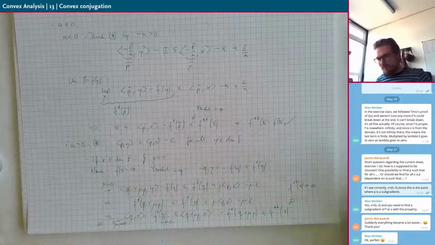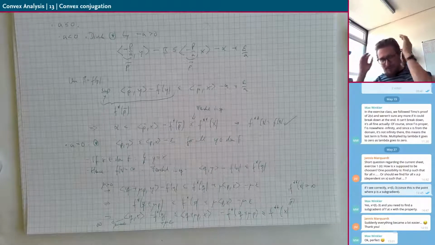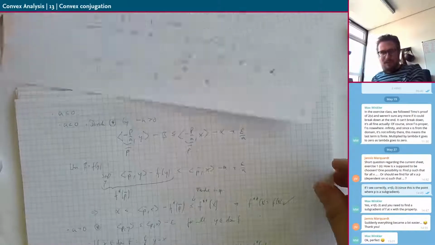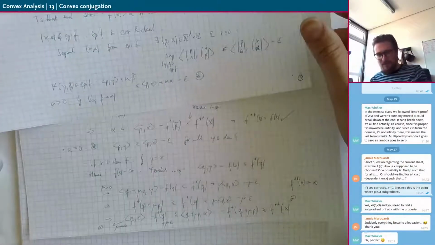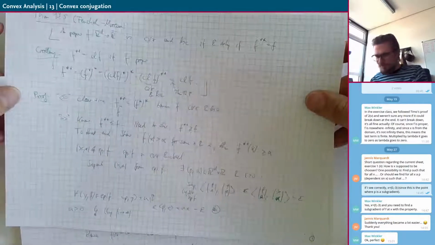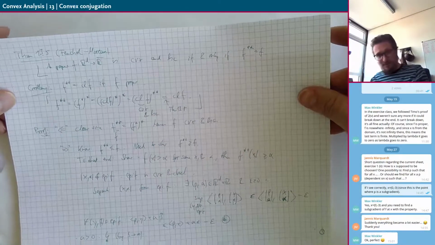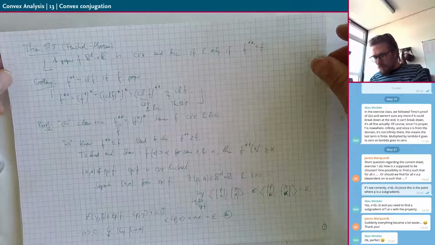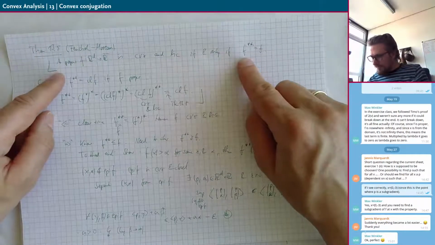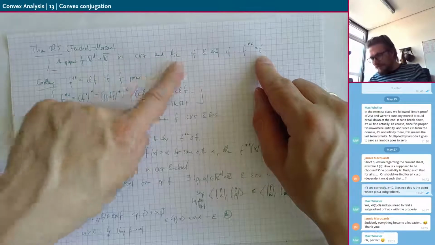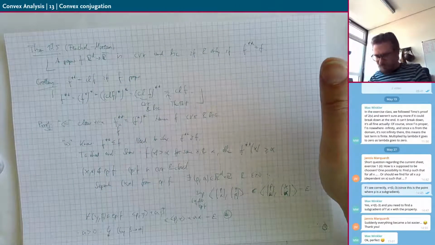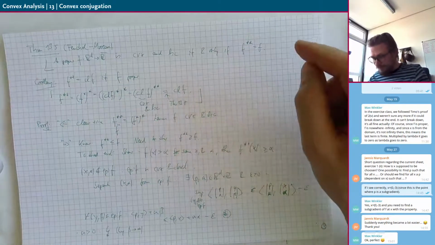Okay, so maybe we should go over the proof once again, because these kinds of arguments are sometimes confusing for the beginner in convex analysis, and actually I have to admit it's still a little bit confusing to me here. So what we want to show is that the biconjugate is equal to f if the function is convex and lower semi-continuous. The other direction is clear by what we've seen before.